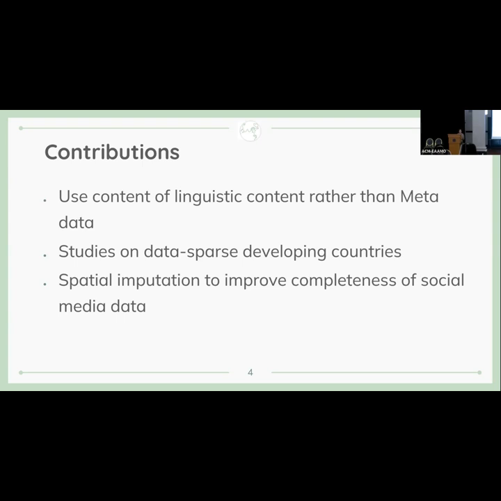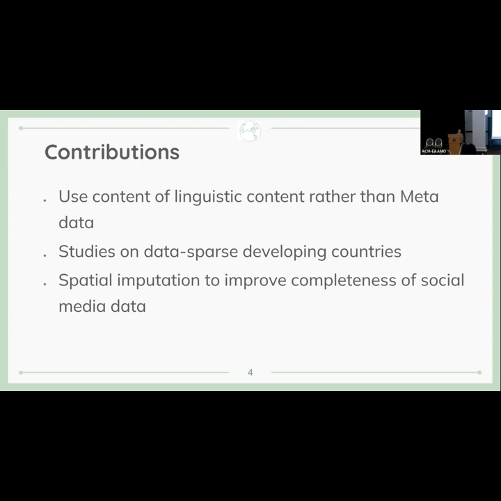And even then, people may use metadata to correlate social media with poverty, meaning how many users there are or how often they post. But in our study, we focus on linguistic content, meaning what people really discuss. So that's one way that we fill the gap in the literature.